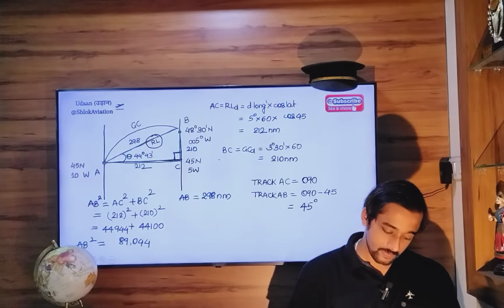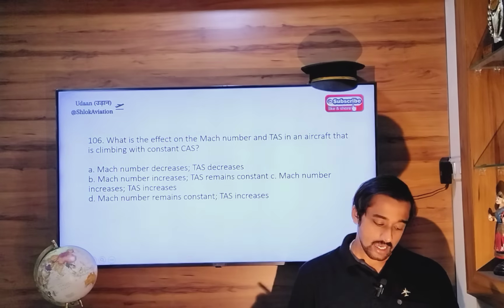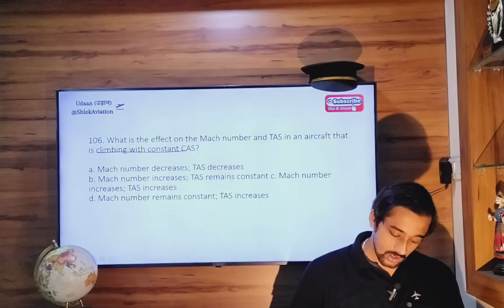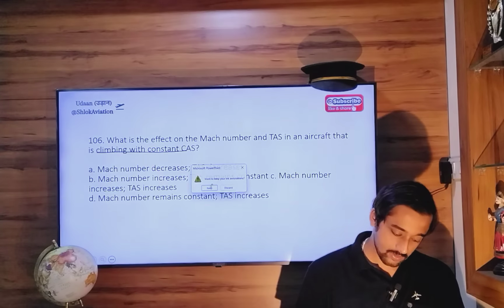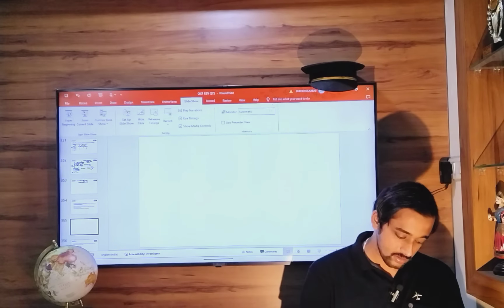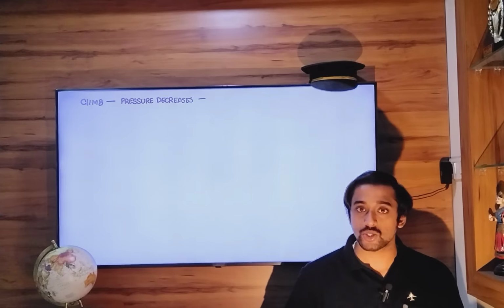Very important. Next. What is the effect on Mach number and TAS in an aircraft that is climbing with constant calibrated airspeed? As you climb higher in the atmosphere, atmospheric pressure decreases. As a result, your airspeed indicator is nothing but a pressure instrument, right?